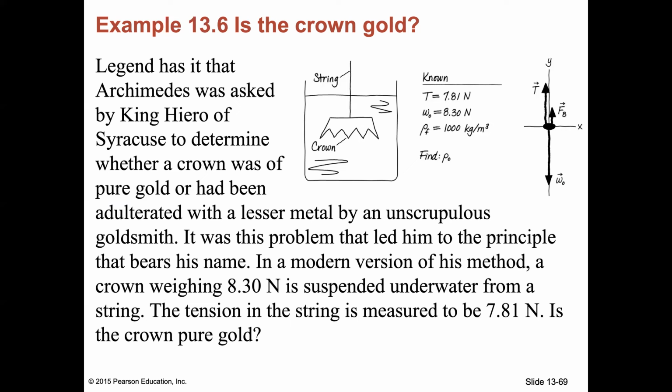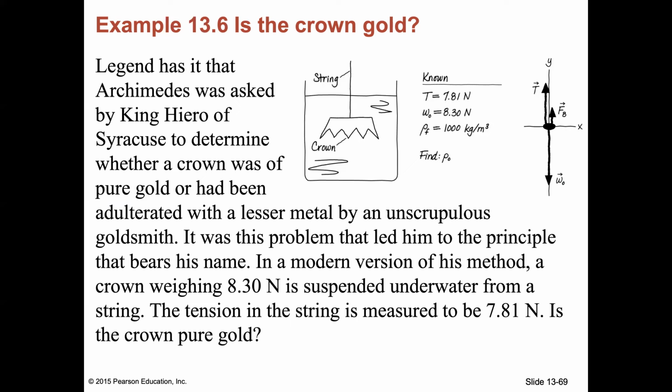If you only have those two numbers, the weight of the crown and the tension of the string when it is submerged in water, can you calculate if the crown is gold? The answer is, of course, yes, there's a way.